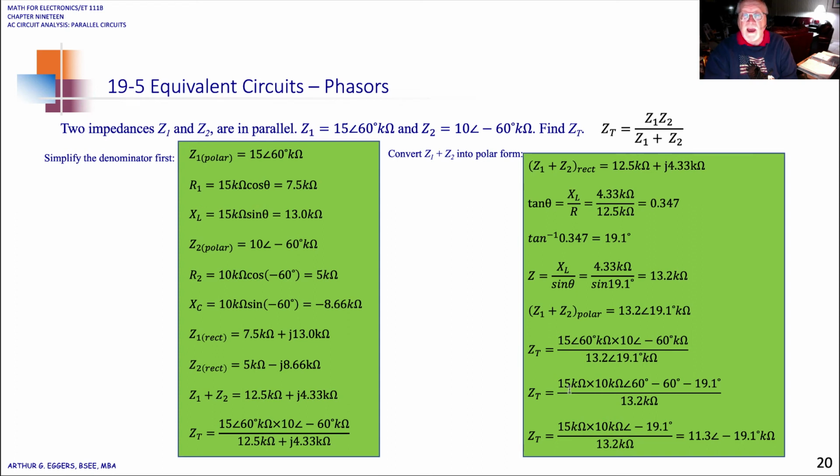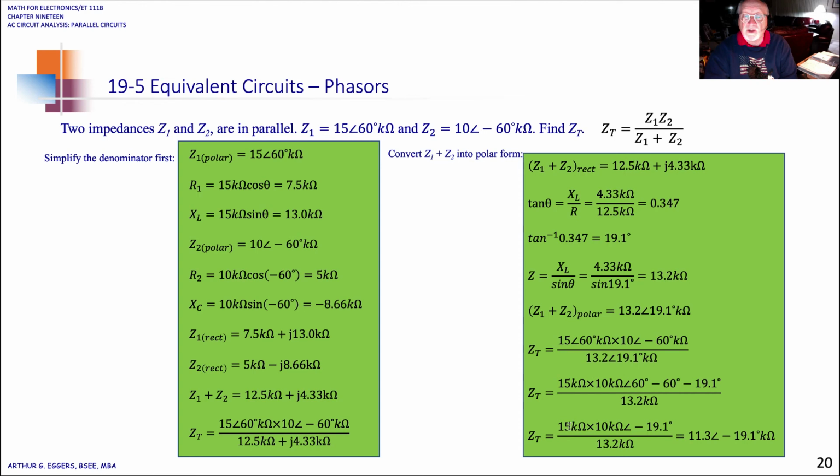So we multiply all of our magnitudes together, 15, 10. Notice that we set this up so that our angles are going to cancel out, like I told you. 60 minus 60 leaves us zero in the numerator. And the angle of the denominator, because that was moved from the numerator, we end up with minus 19.1.